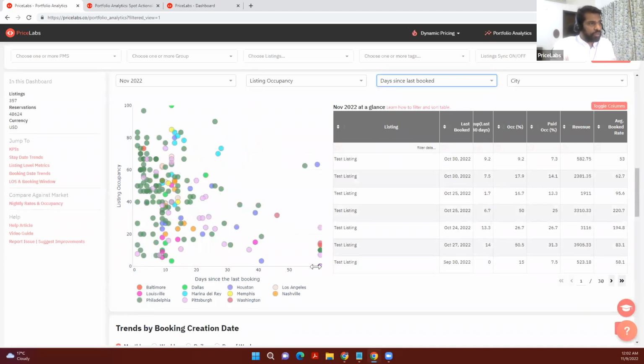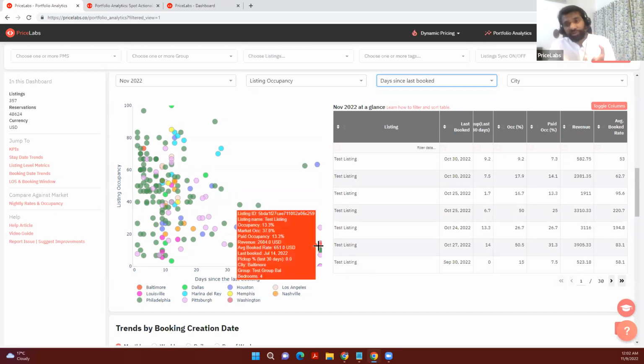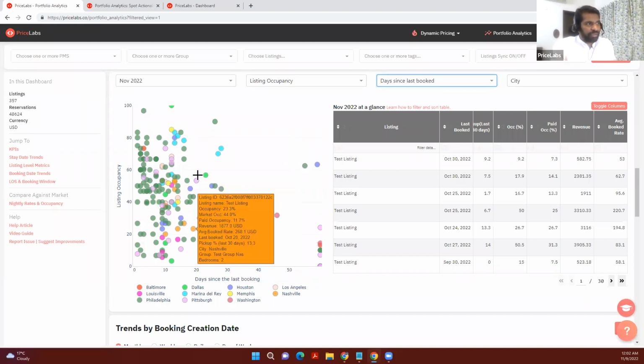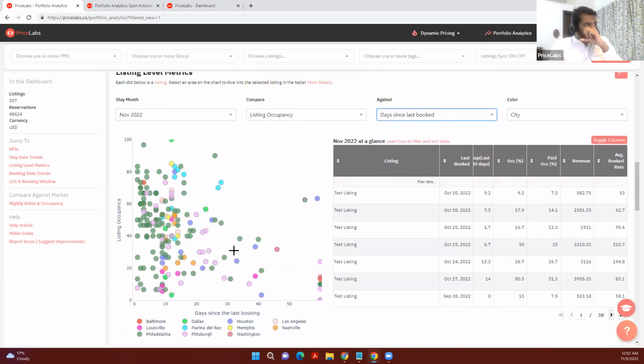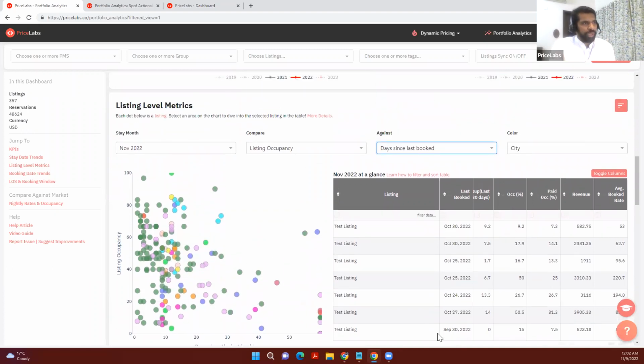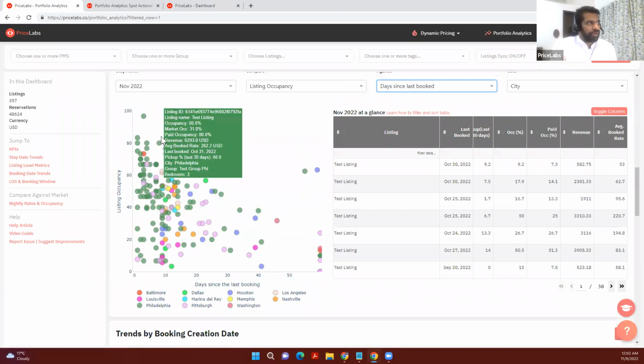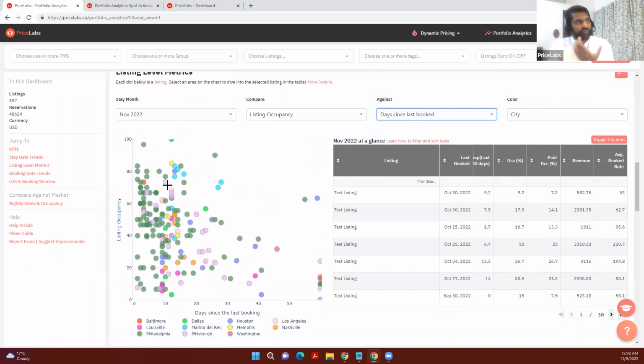For these listings that haven't been booked in 50 days, I may want to see what's happening with them. Maybe it's pricing, but realistically, it could also be their distribution. Maybe they're disconnected. Even for those which have been booked in the last 20 days, I may want to look at them differently, right? So it's a very, very powerful way to look at what's happening in your business, but again, only recommended if you have a lot of listings.